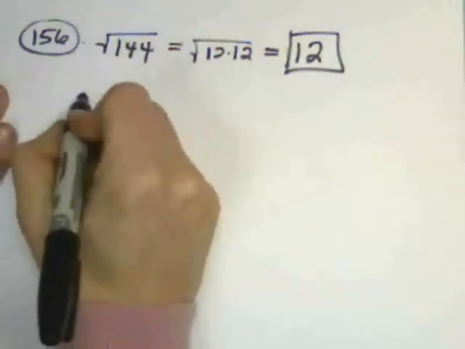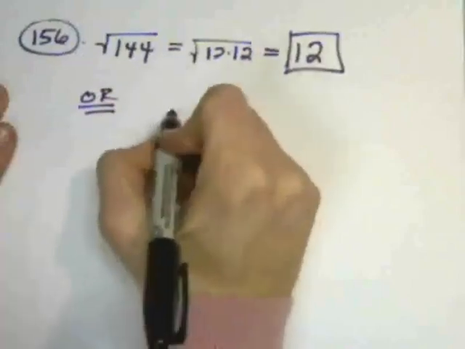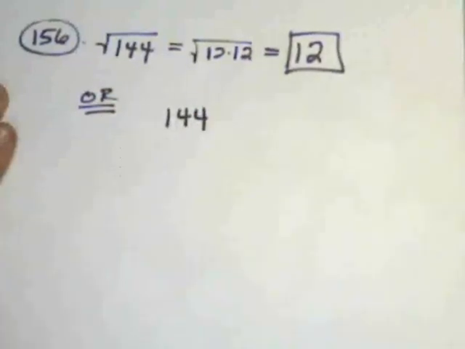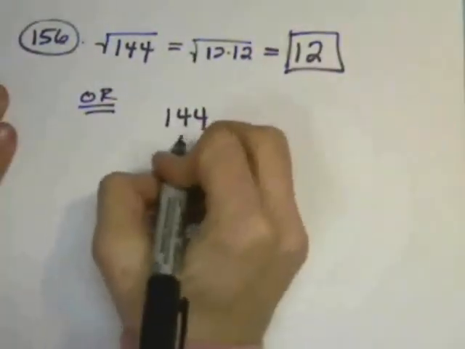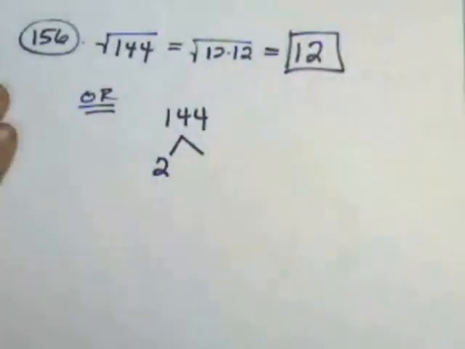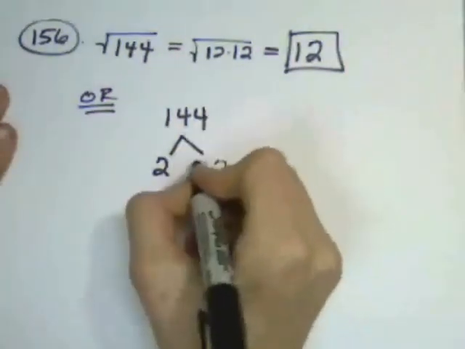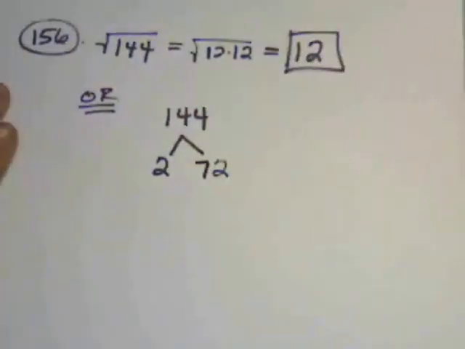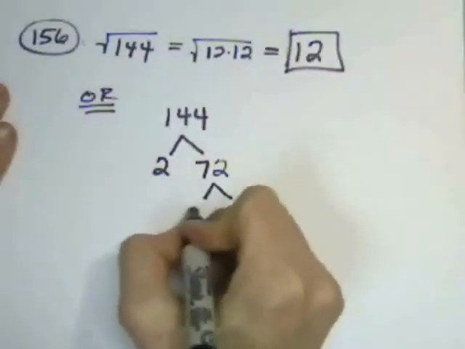The other method, I'll say or, would have been to take that 144, since you don't have a calculator, and to break it up so that you could see what it was made of. I would put in a 2. Let's see, 144 divided by 2, I'm getting a 72. So 2 times 72 is still equivalent to 144. Another prime, let's pull out another 2.